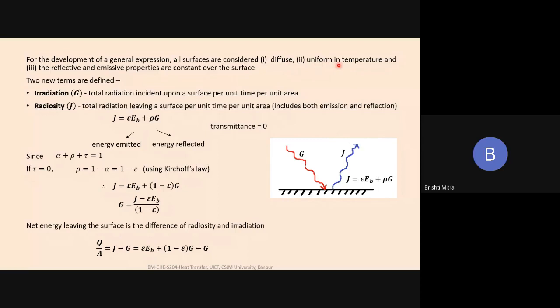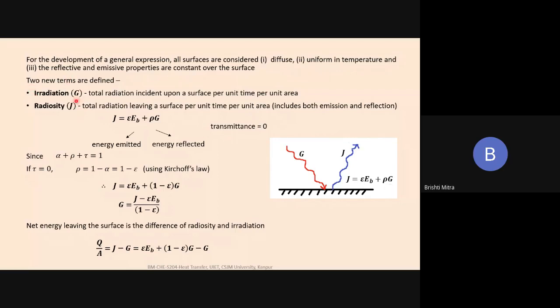And they are uniform in temperature, that means each surface has a single temperature, and the reflective and emissive properties are constant over the surface. Along the surface, it remains the same. And if it changes, then that's another story.